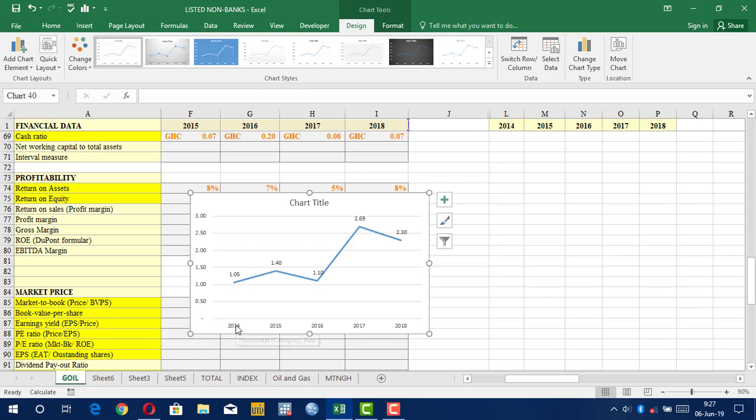So in 2014, the share price closed at 1.5 pesos. In 2015, it appreciated to 1.40 pesos, and in 2016 it declined to 1.10 pesos, and in 2017 that has been its highest, went as high as 2.69 pesos, and in 2018 it declined to 2.30 pesos. This has been the trend of their share price at the end of each period.